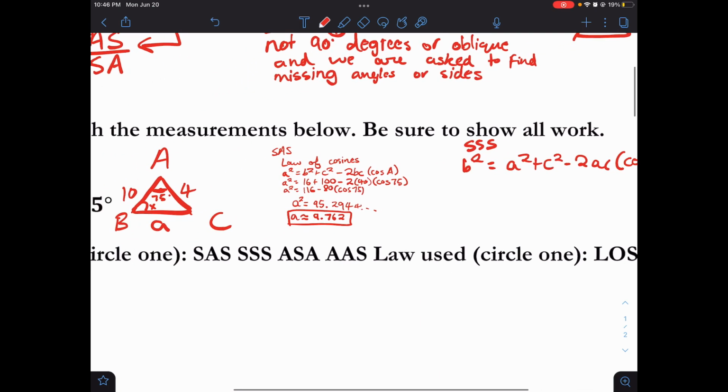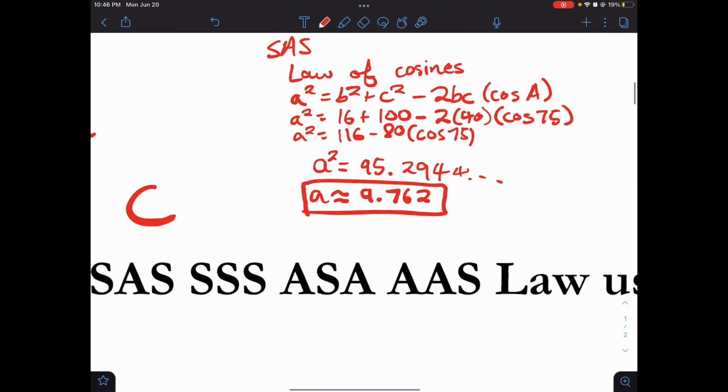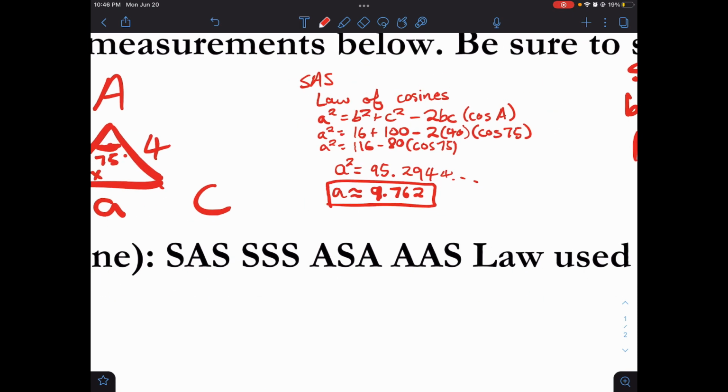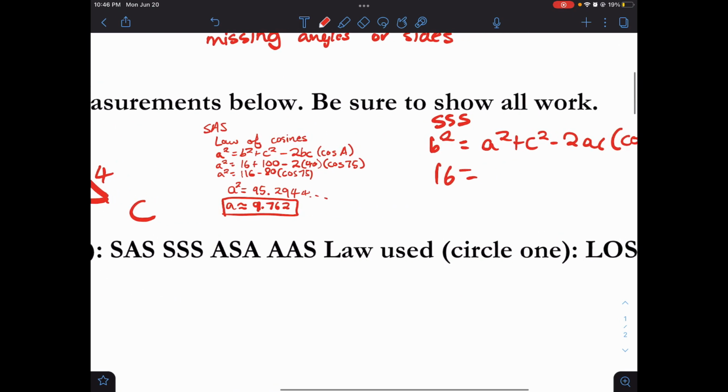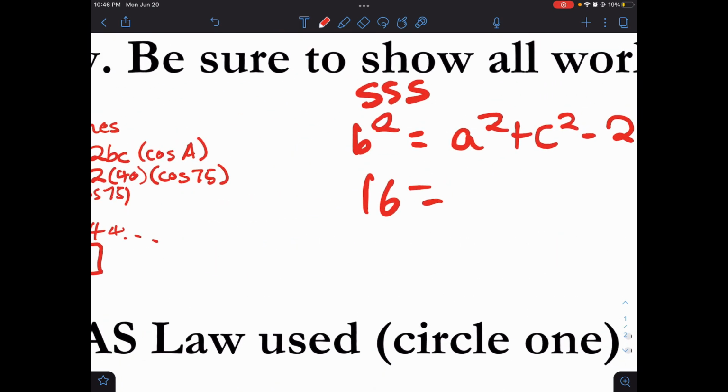So B squared is 16. A squared is going to be this number right here, which I have in my calculator right now. So let's just put 9.762, and I'm going to use a more exact version of this number in my calculator.